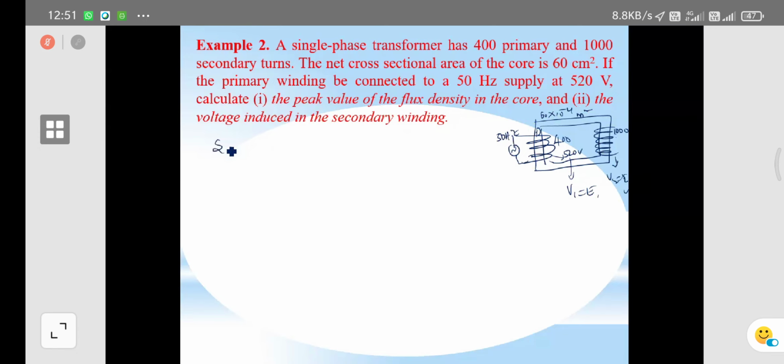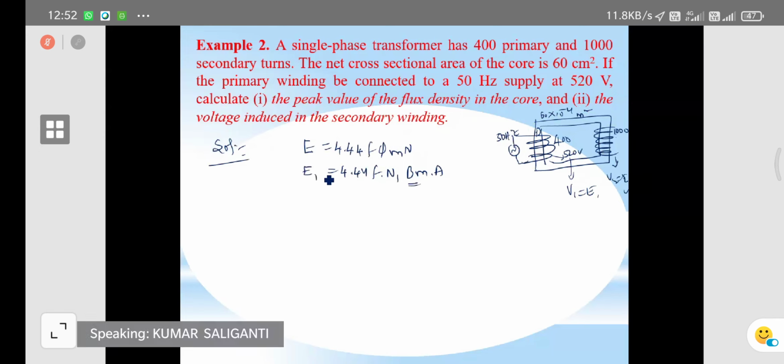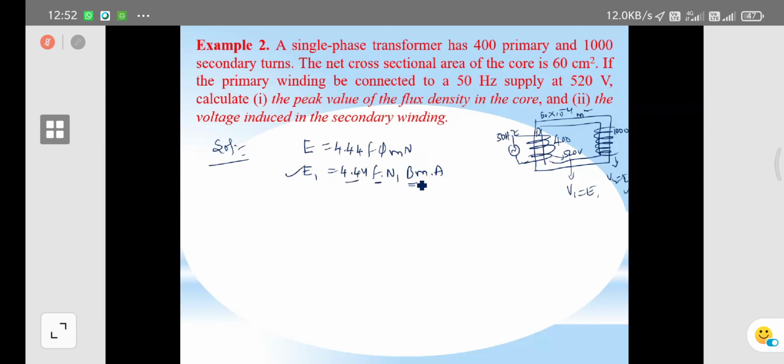From this solution, E equal to 4.44 f phi m N, so E1 equals 4.44 f N1 Bm into A. You know E1, you know 4.44 and the f value, the N value, and the A value, so you have to find out this Bm.